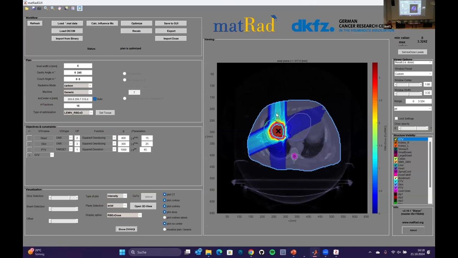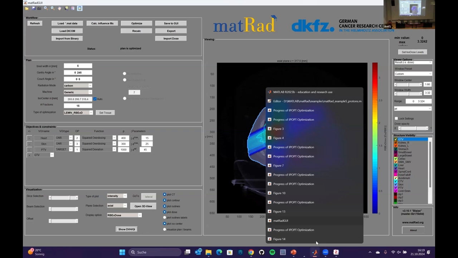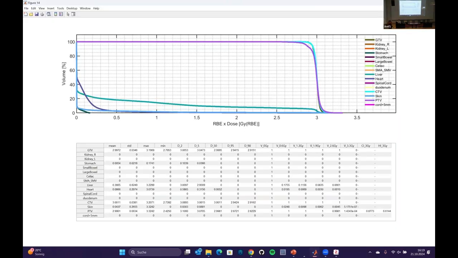So this is kind of related to why you see this fragmentation tail decaying towards the distal edge. And this means it should be a little bit of planning. The dose is very low in the fragmentation tail, but it needs consideration. Still, these dose volume histograms look really good.